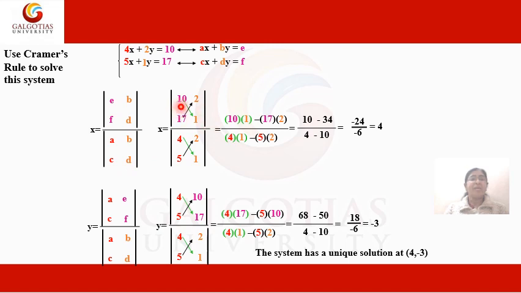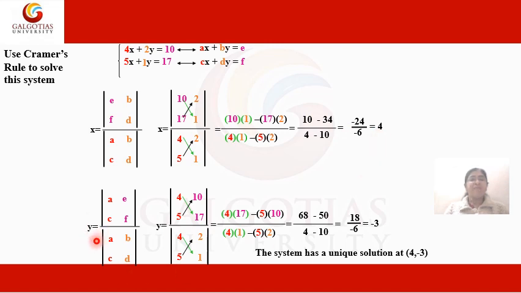So this will be the determinant of 10, 17, 2 and 1 divided by the determinant of 4, 5, 2 and 1. So solve the determinant in the numerator and the determinant in the denominator. On solving this, I will get minus 24 by minus 6, which is equal to 4. So the value of x is 4.